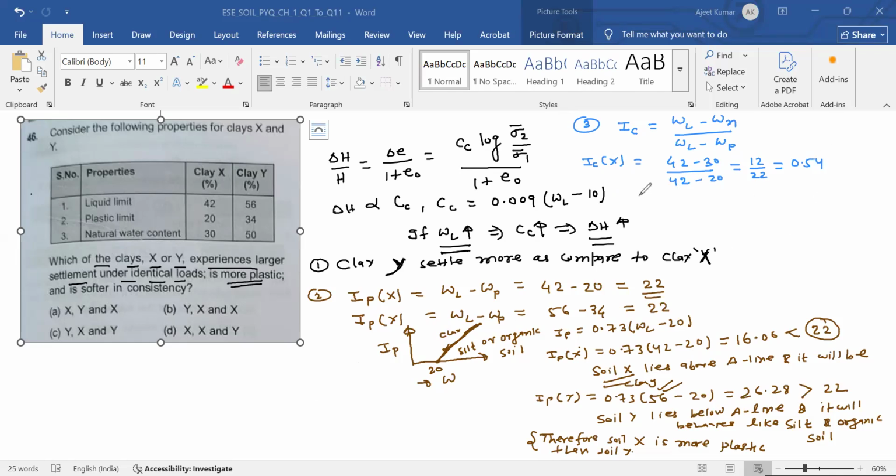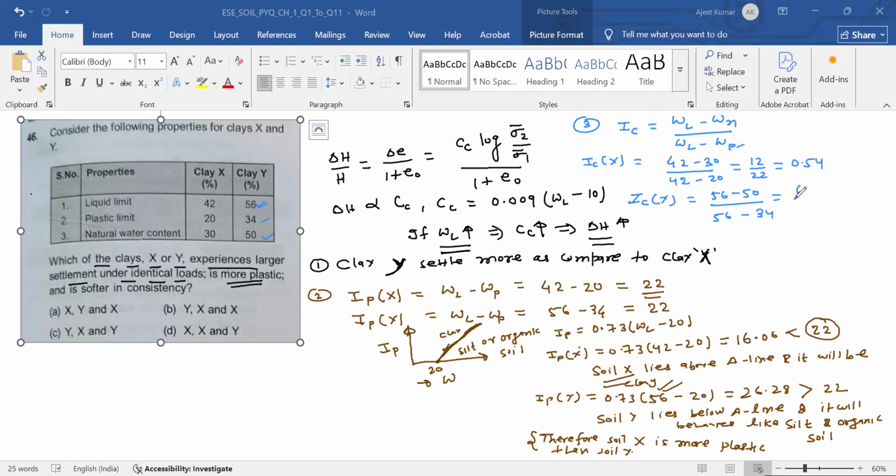Similarly, consistency of soil Y is equal to (56 minus 50) divided by (56 minus 34). WL is 56, natural water content is 50, and WP is 34.